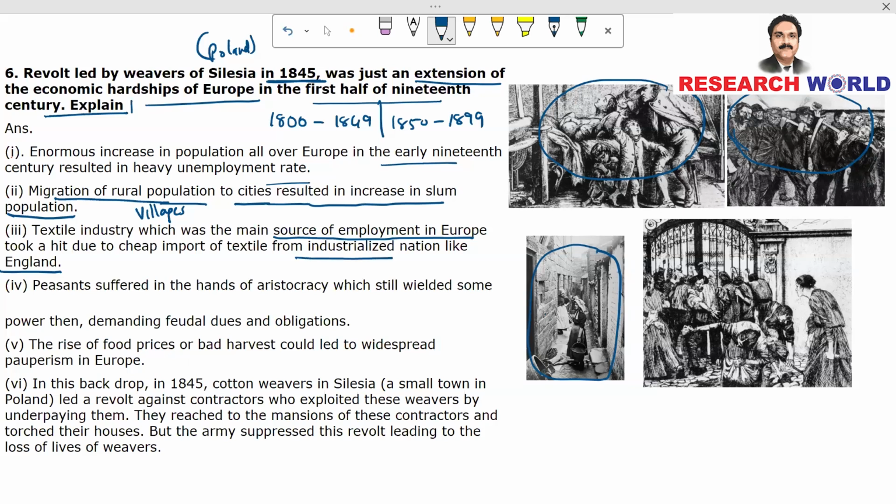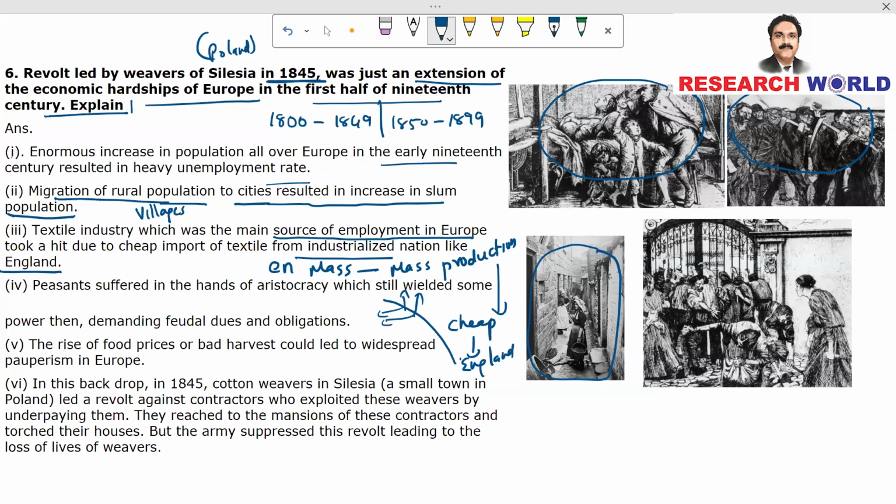As a result, they could produce textiles en masse, mass production was possible. Because of mass production, the production cost was cheap in England, and therefore they could export these textiles, their commodity, to other countries, other parts of Europe.